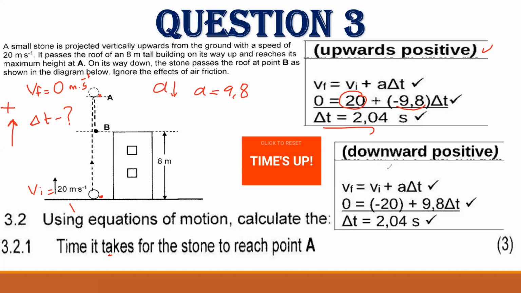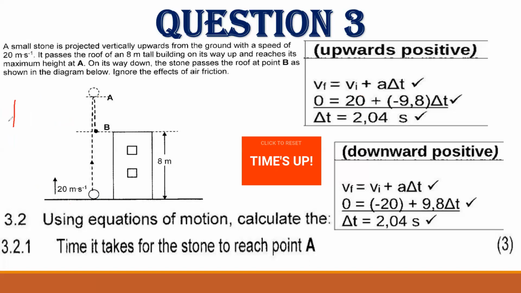That's it. And if you say down is positive, what's going to happen? If you say down is positive, I'm just choosing this side as positive. V initial, same steps, choosing initial position and final position. And V final is 0, I know that. And the acceleration is 9.8 meters per second squared, but down.